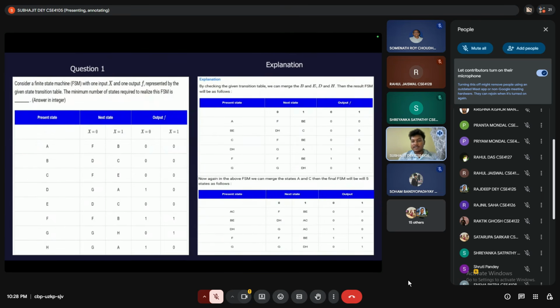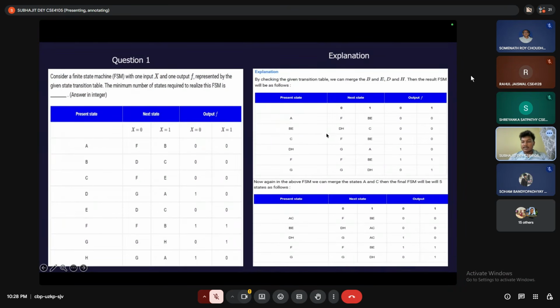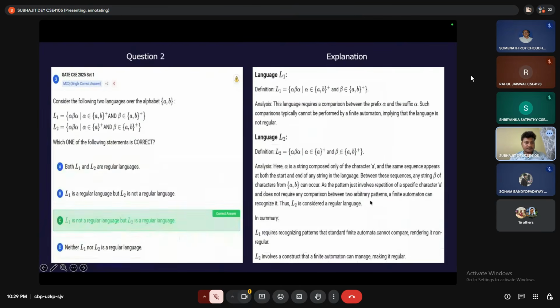By checking the given transition table, we can merge B and E, and D and H. Then the resulting FSM will be as below, with the present state, next state, and output. Now again, in the above FSM, we can merge states A and C, and then the final FSM will have five states, which are AC, BE, DH, F, and G, with the next states and outputs.